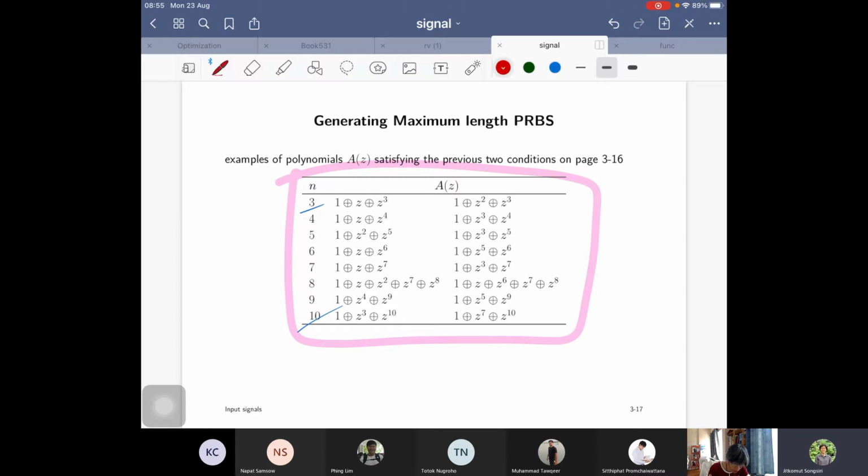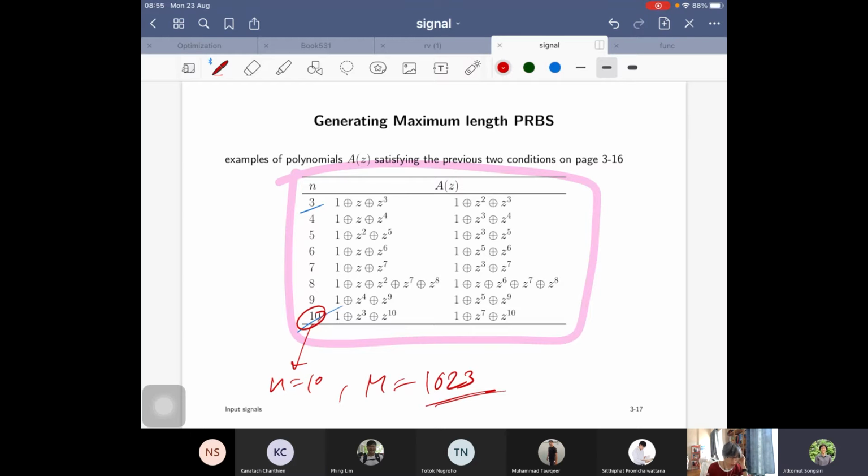Kanatat, if I use n equal to 10, what is the maximum length of my PRBS sequence? 1023. Is it a lot? Yes, it's a lot.